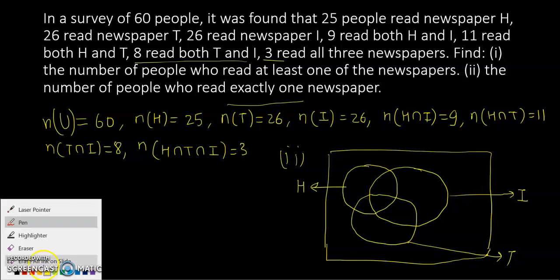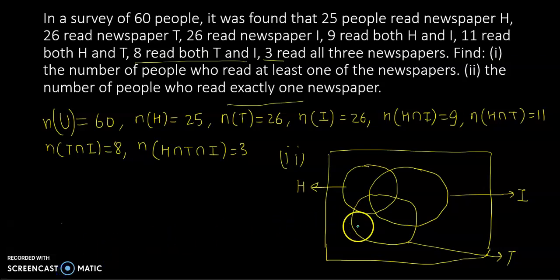Let me change the color of the pen. In total, H and T is 11 people, but this 11 also counts these three people in here. So only H and T is 8 people, that means 11 minus 3.